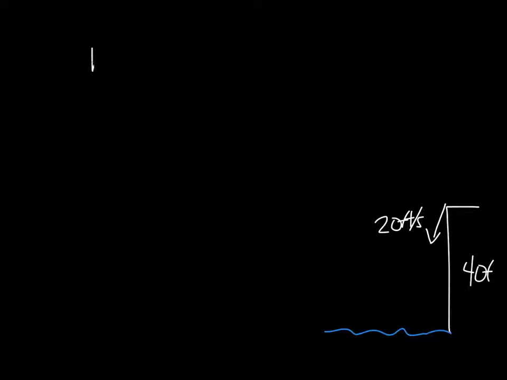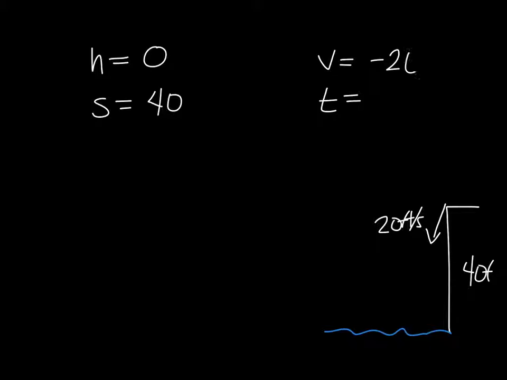Once again, we fill in our variables, h, s, v, and t. Our starting height is on top of the cliff, so that would be 40. Our ending height is in the water at ground zero. Our velocity, you're throwing it downwards, so that would be a negative 20 feet per second. And our time we don't know, so that'd be t.